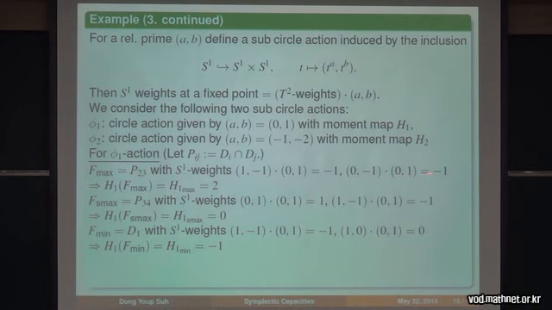At this fixed point the weight is this, and H maximum is 2, H second maximum is 0, H minimum is -1. So the Gromov width is 2 minus 0, which is 2, and the Hofer-Zehnder capacity is 2 plus 1, which is 3.